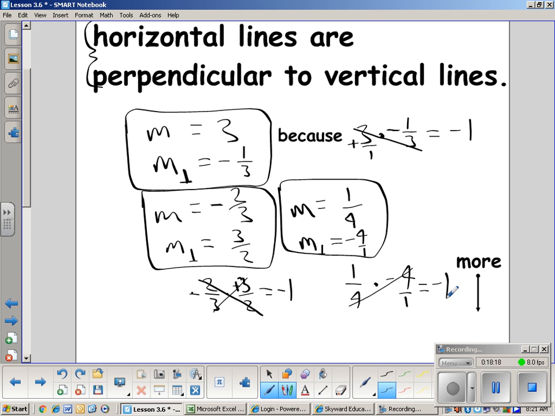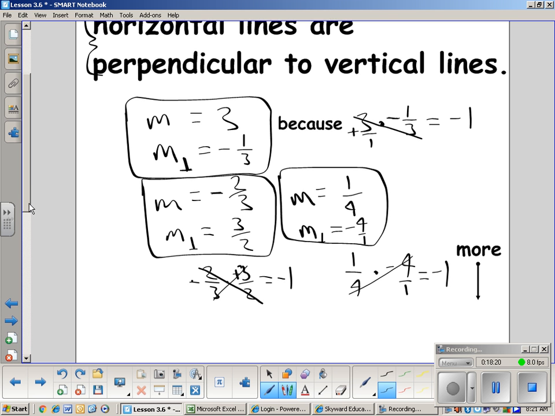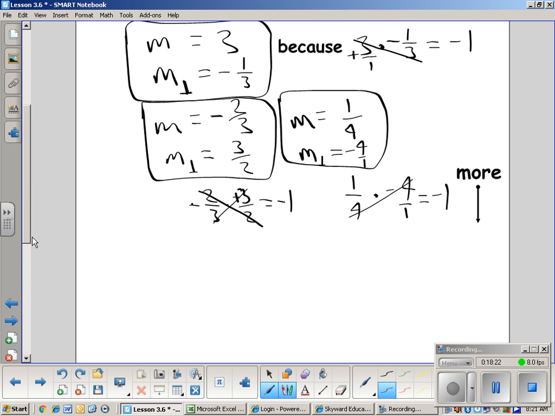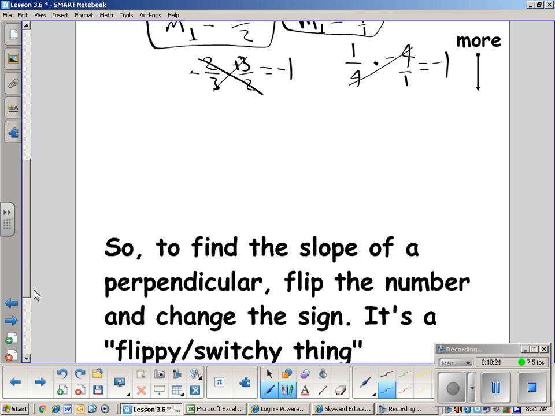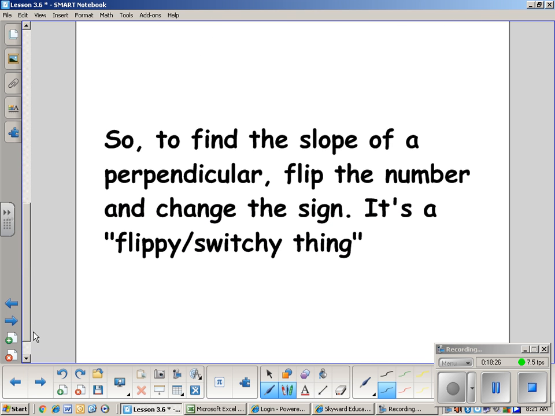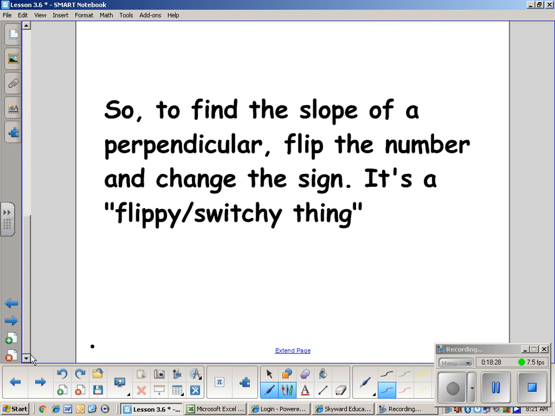Anyway, I had her, and she told the kids a little something that helped them remember it. She called it that flippy switchy thing. The reason she said that is, to find the slope of a perpendicular, you flip the number and change the sign. So she's saying flip the number and switch the signs. So from now on, I will refer to this as that flippy switchy thing.